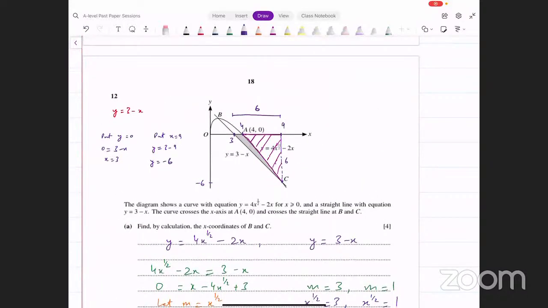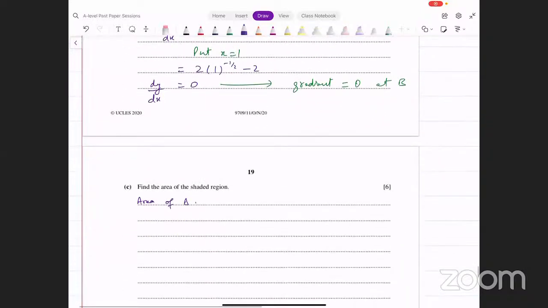Let's call this point M, and let's call this point N. So area of the triangle MNC, it's a right angle triangle. That is half into base into height. Base was 6, height was 6. That turns out to be 18. Triangle area to हमारे पास आ गया 18.